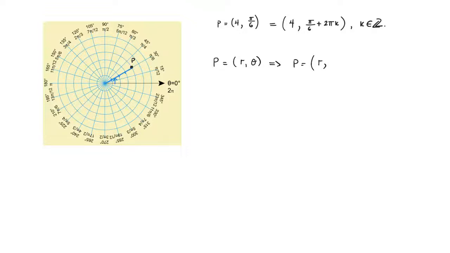But what changes is the rotation of the angle. Theta changes. So we can express theta as theta plus 2 pi k, where k is an integer. By letting k be an integer, I am allowing k to be positive or negative, and that's how I get all angles that are coterminal with theta.